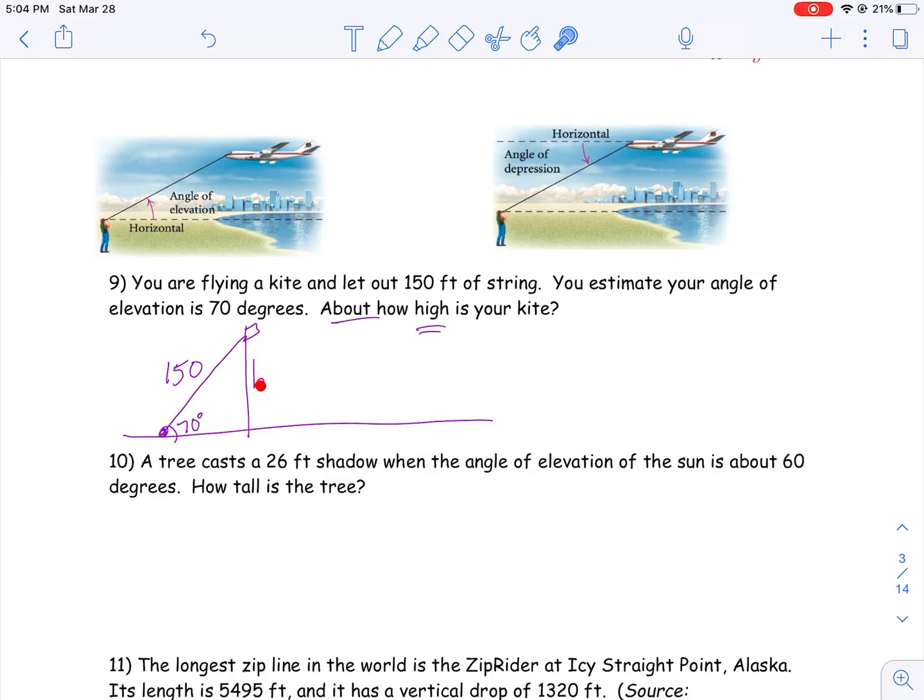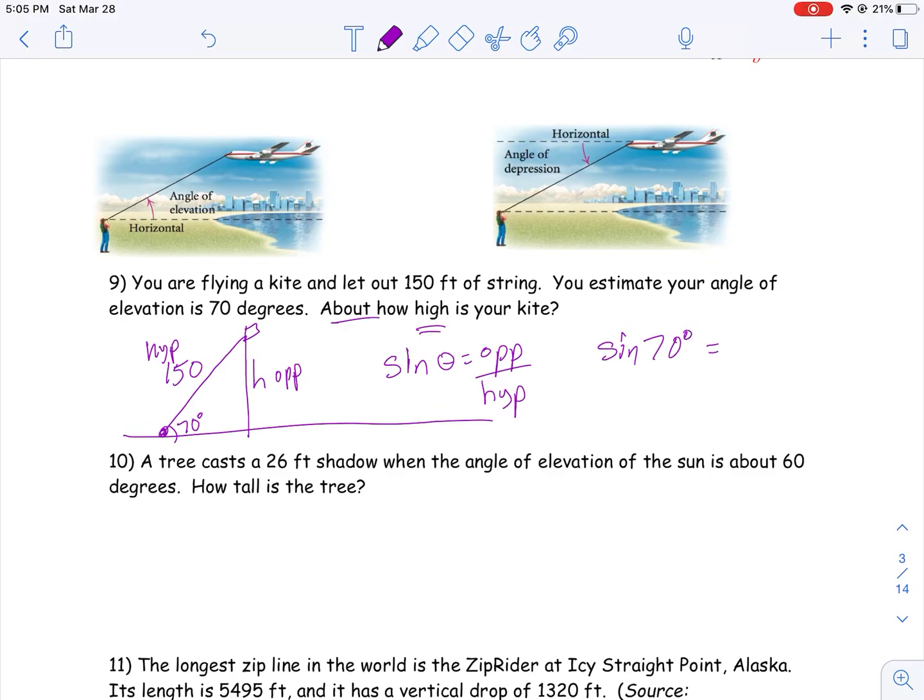Key idea, notice we have h, and we have 150, and we have 70. Hopefully you're thinking, I have an angle, I have the hypotenuse, I have the opposite side, I can use a trig function to solve this. Recognize that this is the opposite side and this is the hypotenuse. So I'm going to use sine of theta equals opposite over hypotenuse.